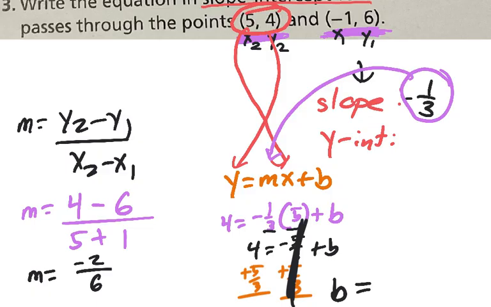You guys know how to add 4 and 5/3? 5 and 2/3. Oh, gosh. I haven't had this conversation with you yet. I hate mixed numbers.